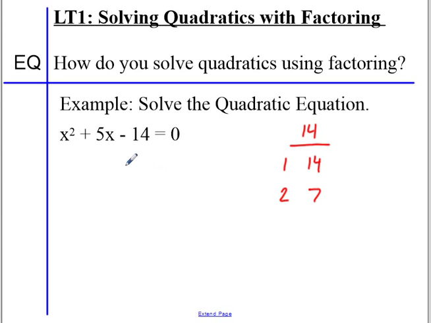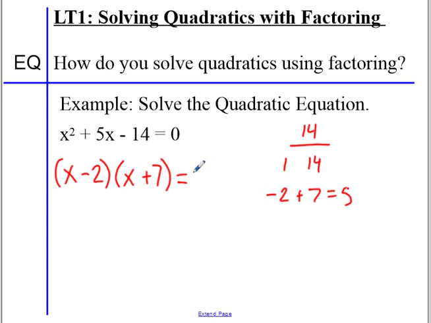Remember, we want to check it to the 5. The only way to make a positive 5 would be to have negative 2 and positive 7. So that's the combination for my factors. I have an x minus 2 and an x plus 7.